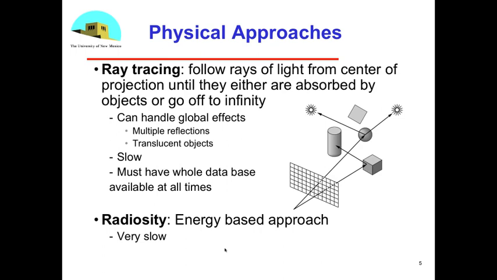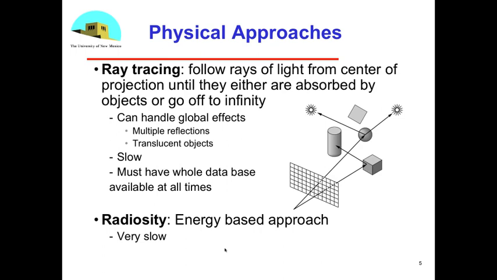That energy is going around the room, it's absorbed by some surfaces, it's reflected by others, and in the end we have an energy balance, and we could try to find that energy balance. The radiosity approach actually came from thermodynamics, which was trying to do the same thing, but it's very, very slow, although it has some usefulness for certain kinds of problems. And then there are a number of approaches in the middle that we'll hopefully have time to survey at the end of the class.